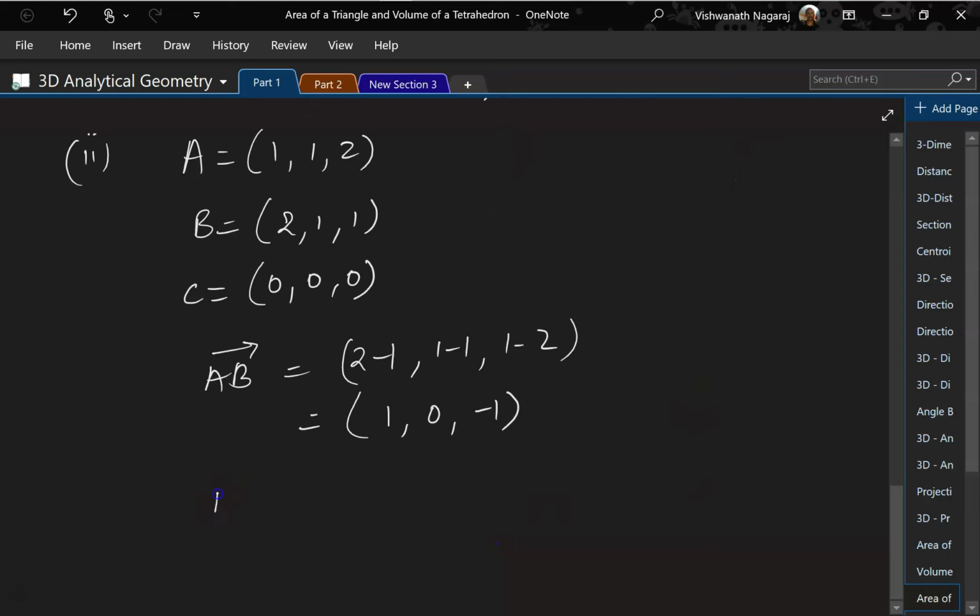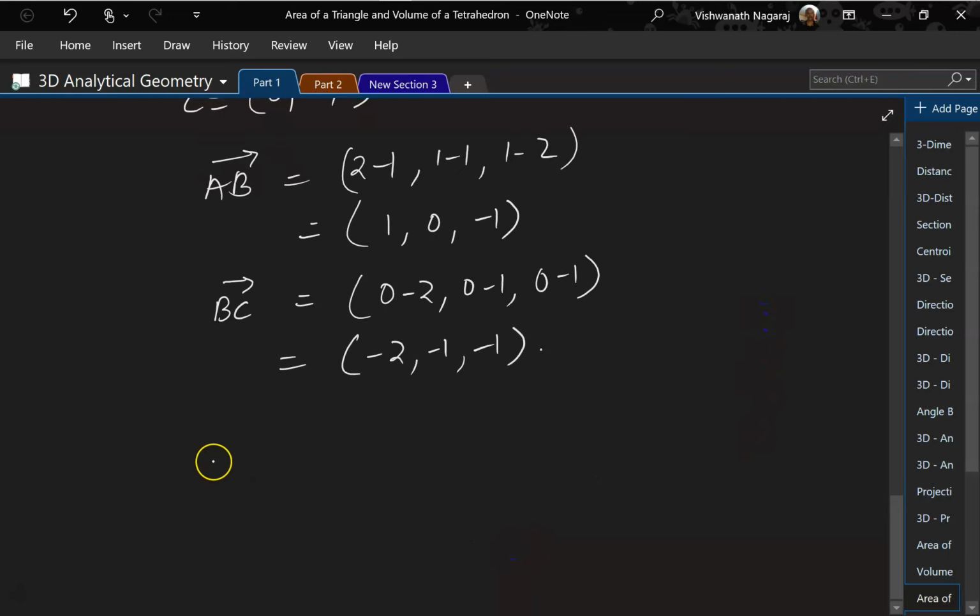Similarly, BC gives us 0 minus 2, 0 minus 1, 0 minus 1, which is equal to (-2, -1, -1).